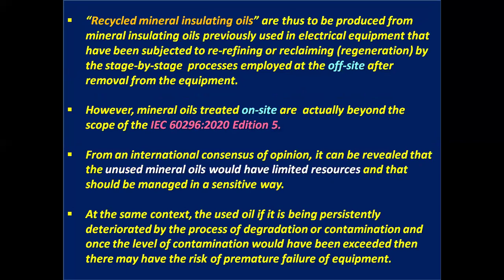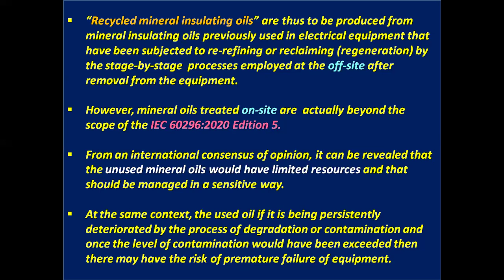Recycled mineral insulating oils are thus to be produced from mineral insulating oils previously used in electrical equipment that have been subjected to re-refining or reclaiming, that is regeneration, by the stage-by-stage processes employed off-site after removal from the equipment.